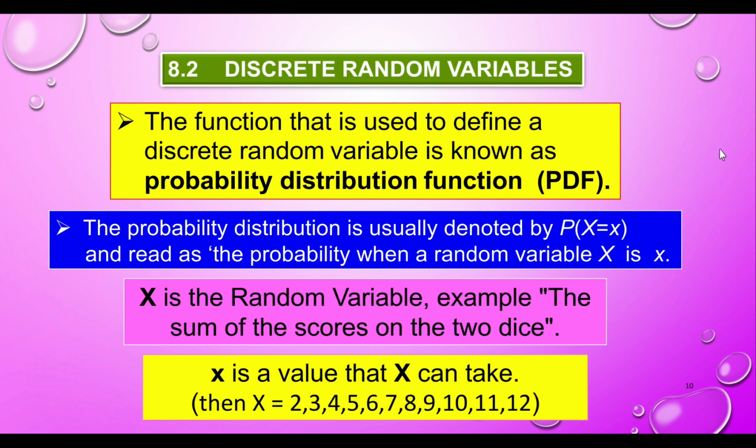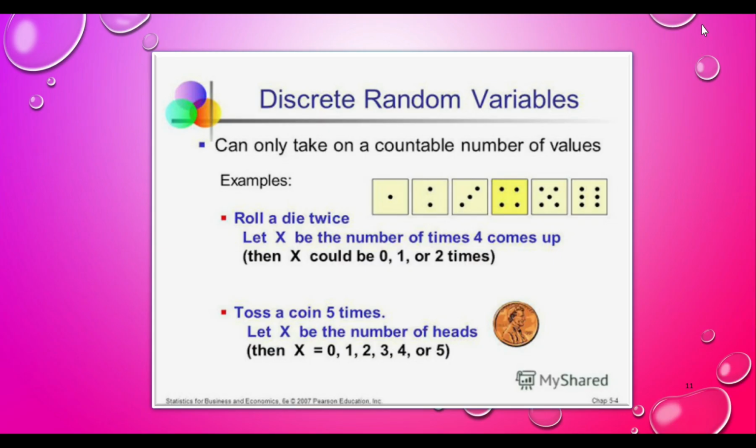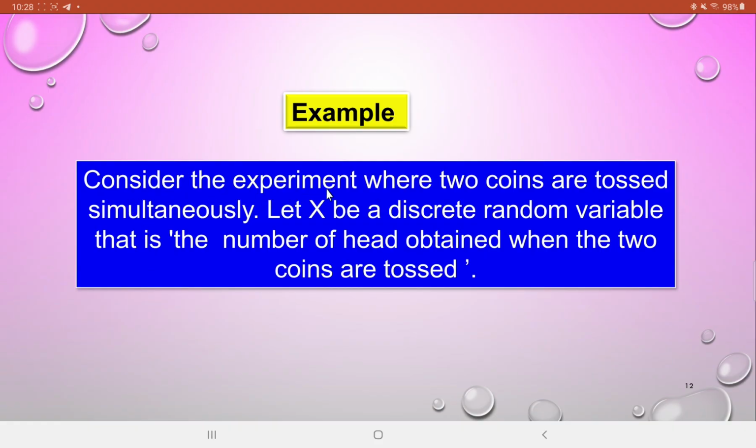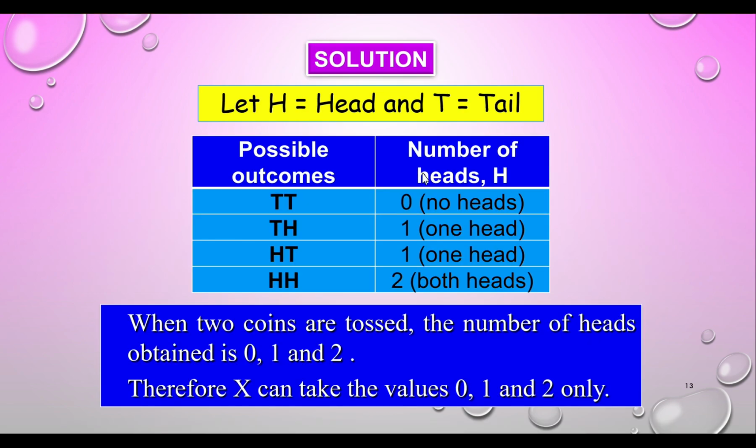To make you understand better, look at this example. Consider the experiment where two coins are tossed simultaneously. Let X be a discrete random variable, that is, the number of heads obtained when the two coins are tossed. Let H denote head and T denote tail.